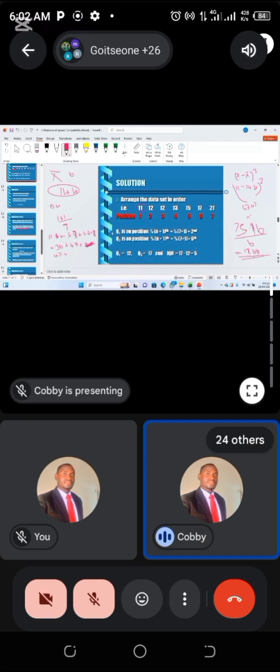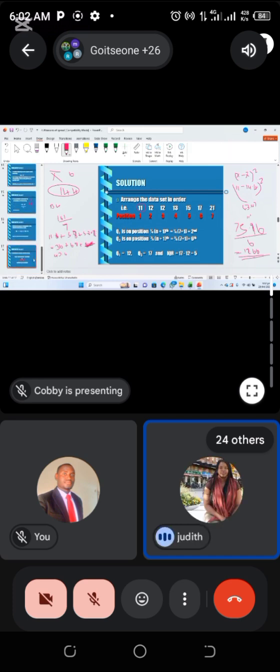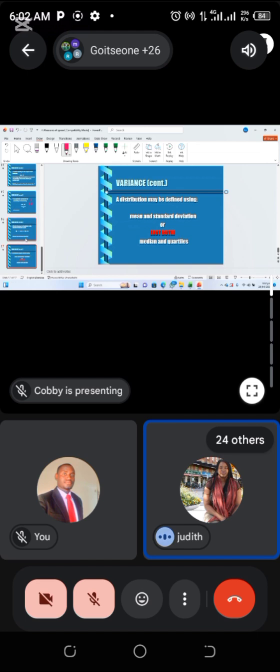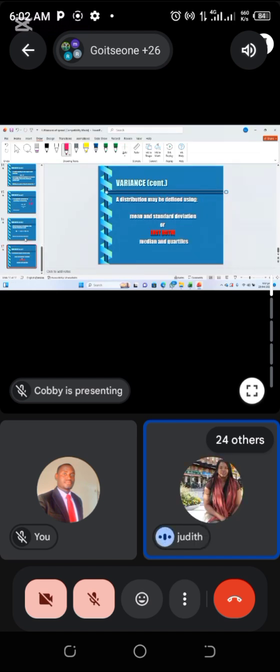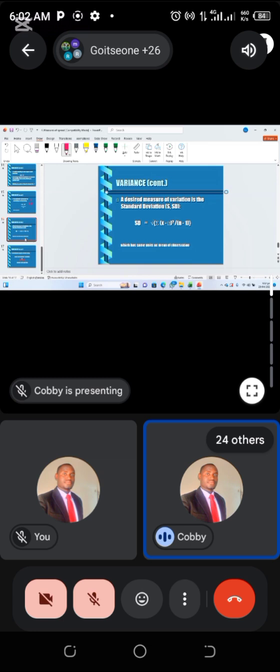So after you are done with the variance, the last part which we want to understand is the standard deviation. You find now the standard deviation.